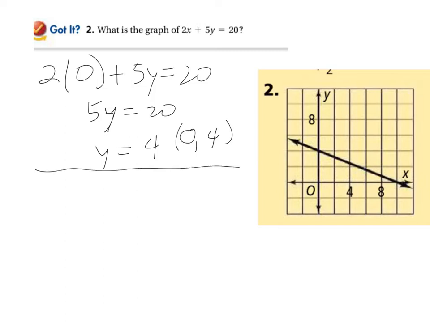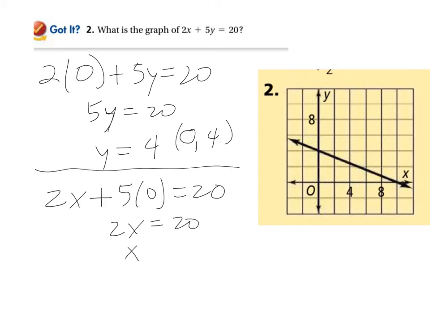And then the same thing, we're going to plug in 0 for y. So 2x plus 5 times 0 equals 20. 5 times 0 is 0, so 2x equals 20. x is 10, so we're going to have the point (10, 0). So once we have those intercepts, we can graph them.